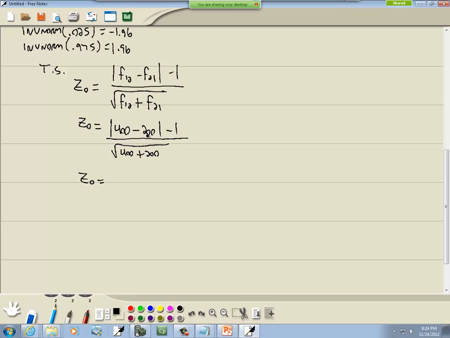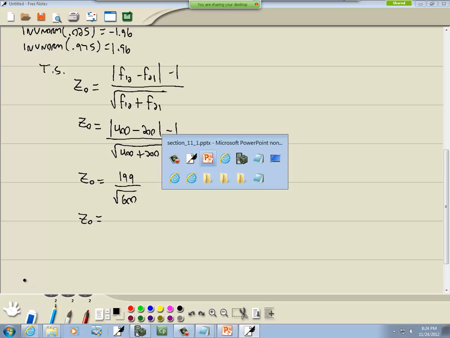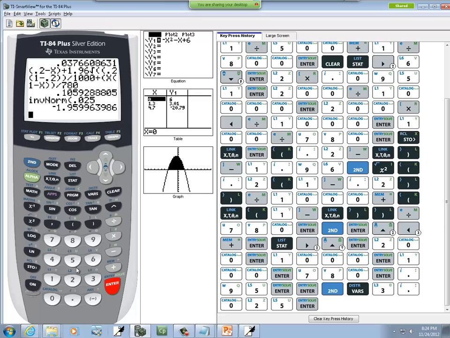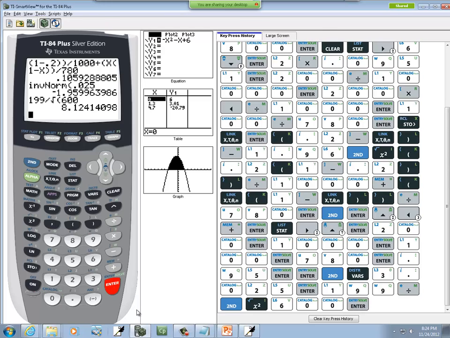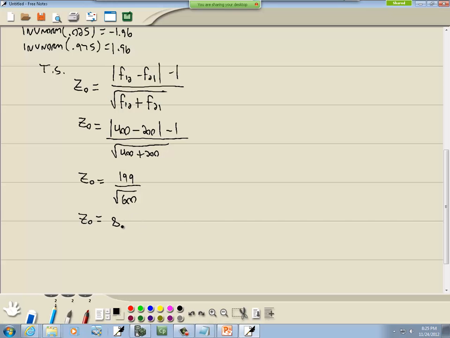The absolute value of 200 is 200. Minus 1 gives us 199 over the square root of 600. Probably beneficial to simplify a little bit if it's easy like that before you plug it into your calculator. It's 199 divided by the square root of 600. And we get 8.12. That's our test statistic.